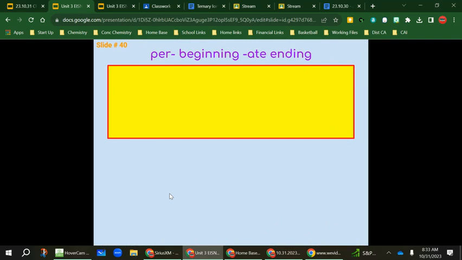All right, so the per. And again, all this is on the back of your periodic table, ladies and gentlemen. I am not expecting you to memorize it. I am expecting you to be able to know how to use it because it is on the back of your periodic table with examples there. The per ending or the per beginning always goes with the ATE ending.